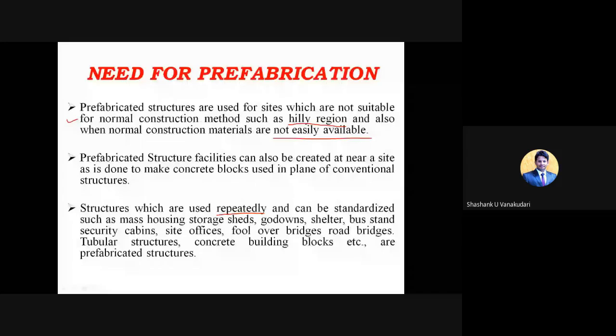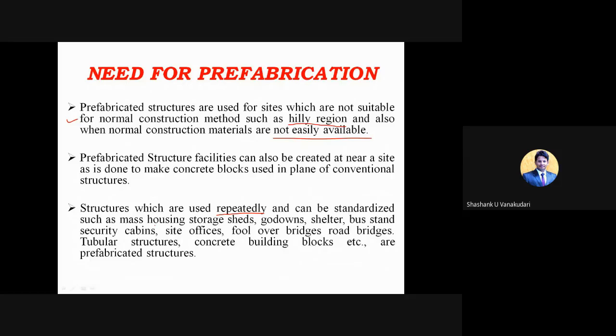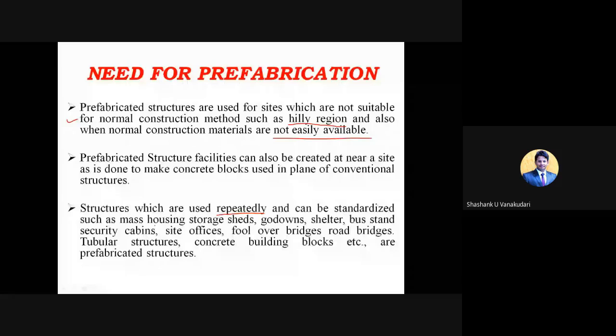So they are considered standardized structural elements. Those elements we can use in various applications like mass housing, storage sheds, godowns, shelters, bus stands, security cabins. You can take several examples where similar types of structures are to be placed.